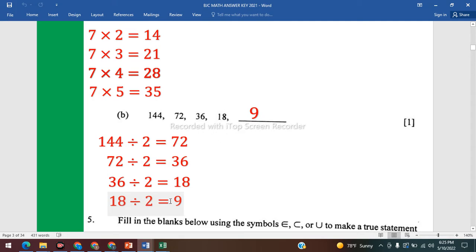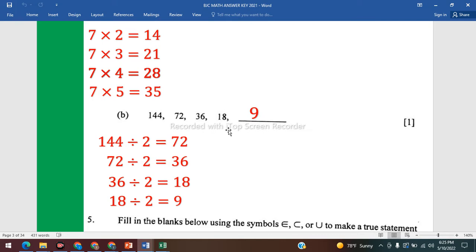And 18 divided by 2 is 9. So that's how we got that. Any questions on this? No, sir.